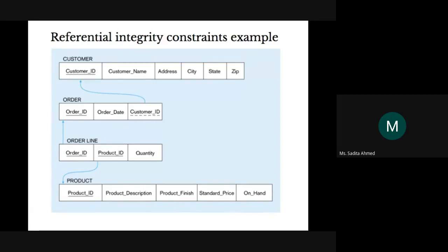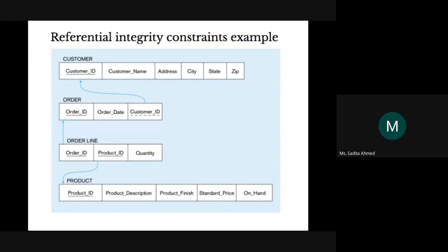However, what I'm trying to make you understand and what you should remember is this: in the rows of the order line table from which I'm deleting order ID 1001, there is a product ID value, right? Those product IDs will also be removed from the order line table. However, remember that it will not affect the product table at all.